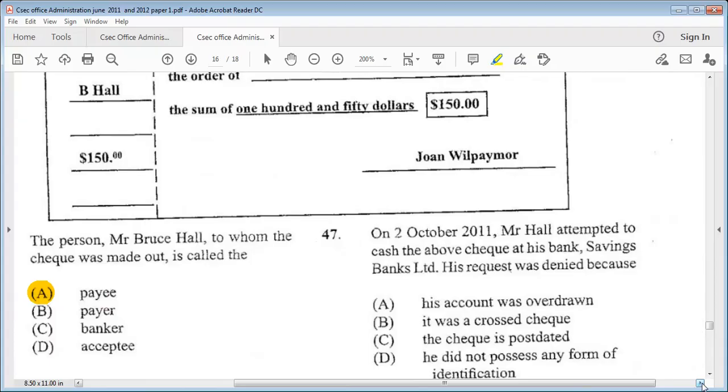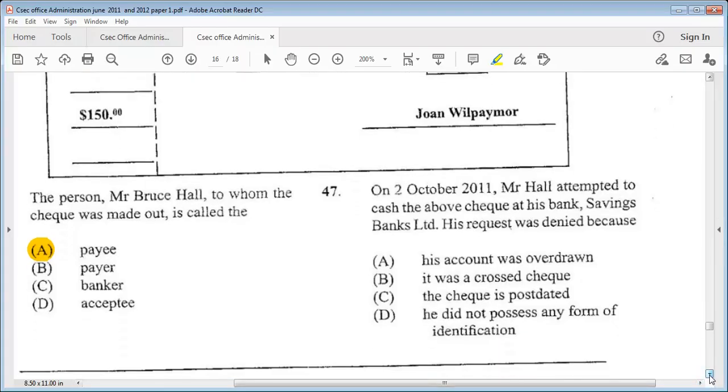On the 2nd of October 2011, Mr. Hall attempted to cash the above check at his bank, Savings Banks Limited. His request was denied because A, his account was overdrawn, B, it was a crossed check, C, the check is post-dated, or D, he did not possess any form of identification. Our answer would be B, it was a crossed check.